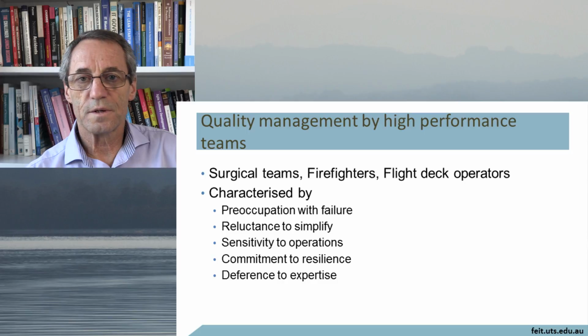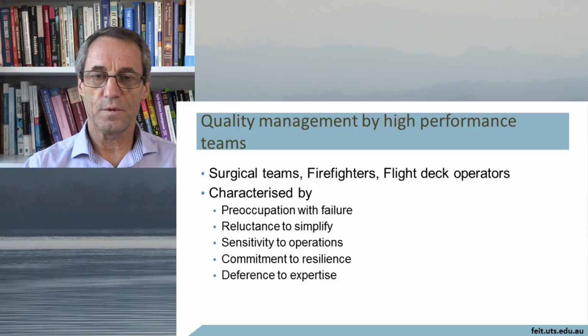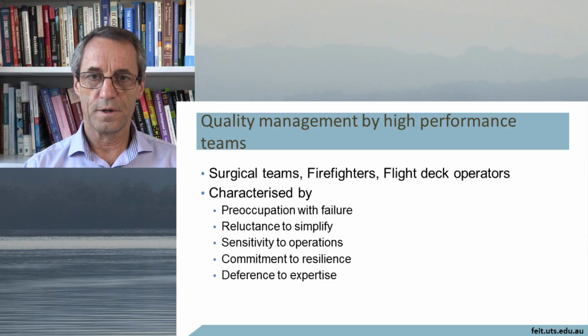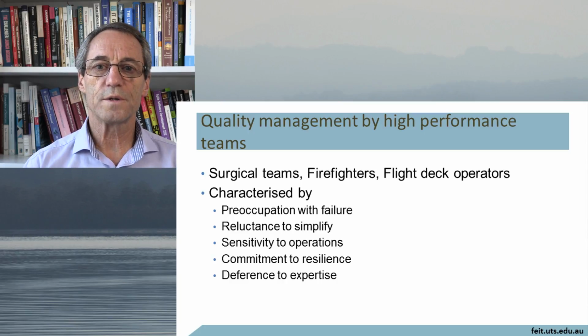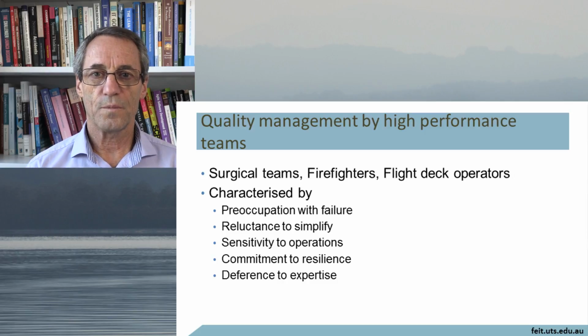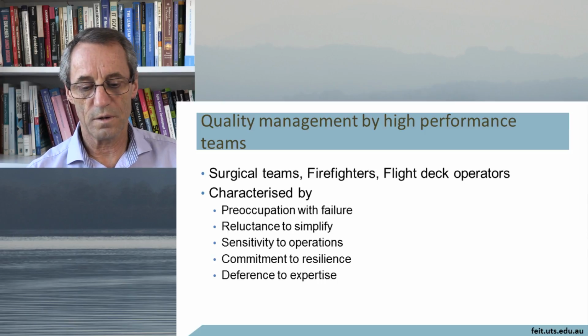And by resilience, they looked at what is likely to happen if we had an unusual circumstance. Could we handle it? What do we do in these circumstances? What do we do in those circumstances? What if? This ability to cope with a whole number of eventualities is something that these high reliability teams considered quite a lot.